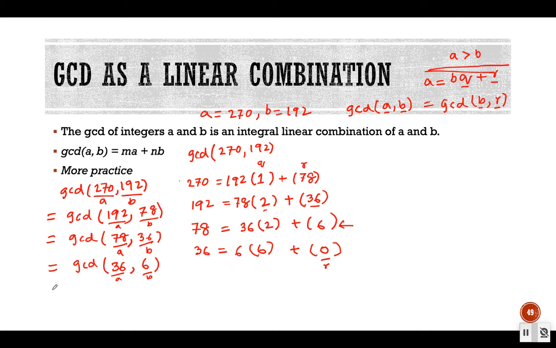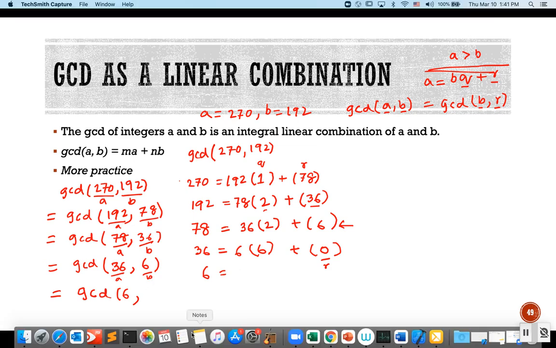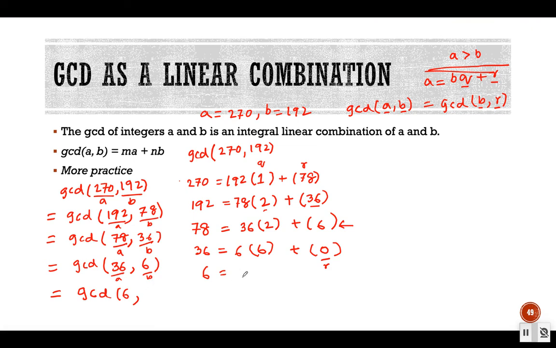Or I can go one more step, which is what I prefer most. I can see that GCD of 36 and 6 is the same as GCD of 6 and 0. Here I don't need to convert 6 to something, but this is the same as writing B and R equals 0.